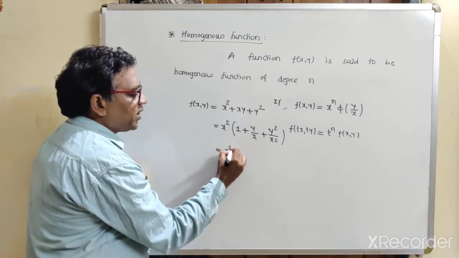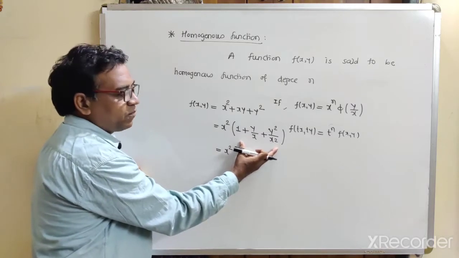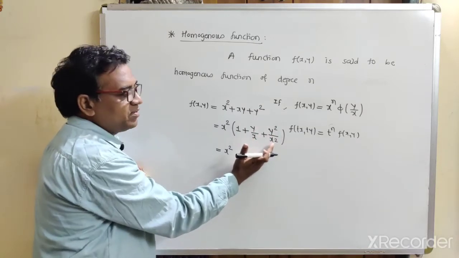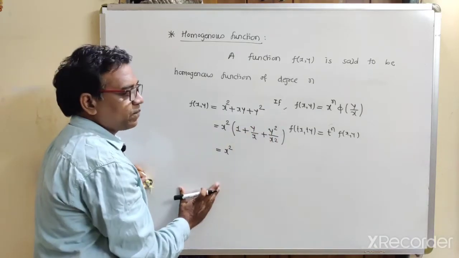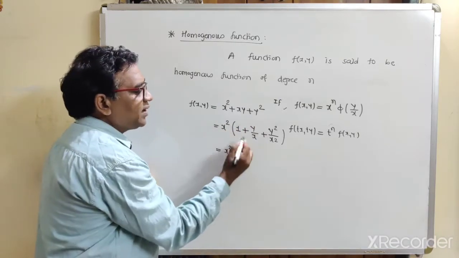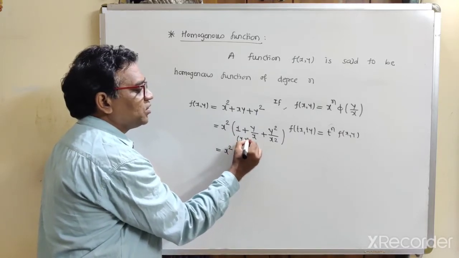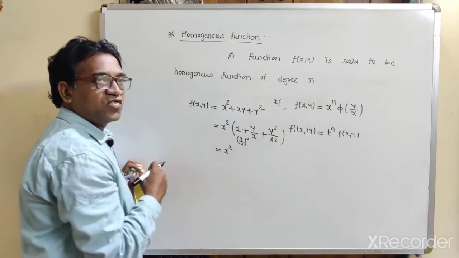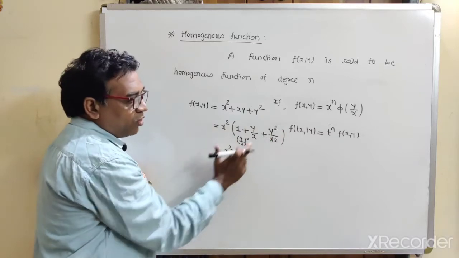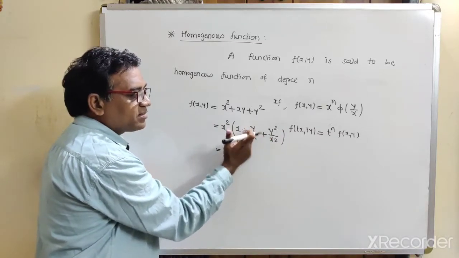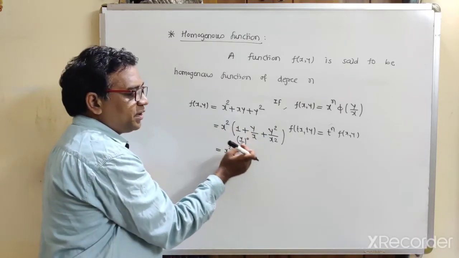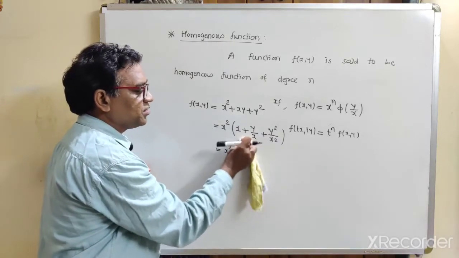So this is equal to x square into the bracket. Y square upon x square means this is (y by x) bracket square. Y upon x means this is y upon x raised to 1, and the constant 1 can be written as anything raised to 0, so this can be written as (y upon x) raised to 0.